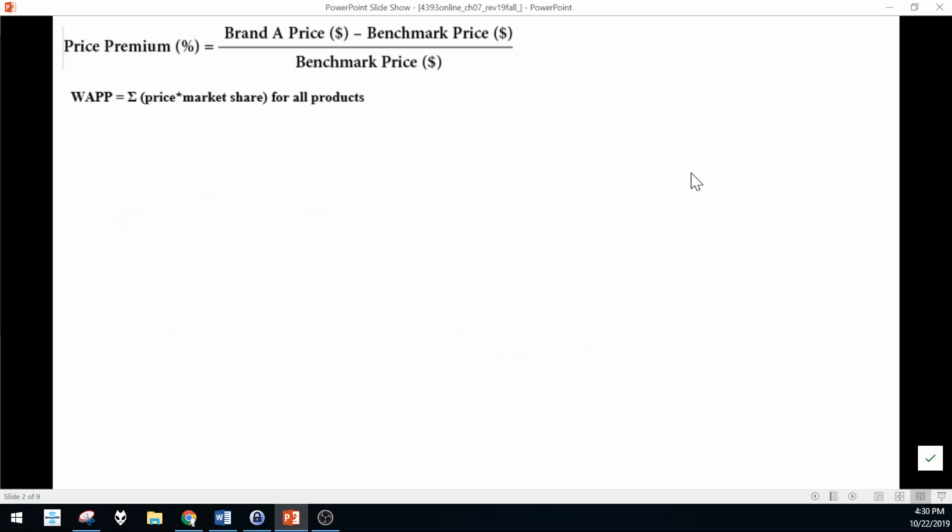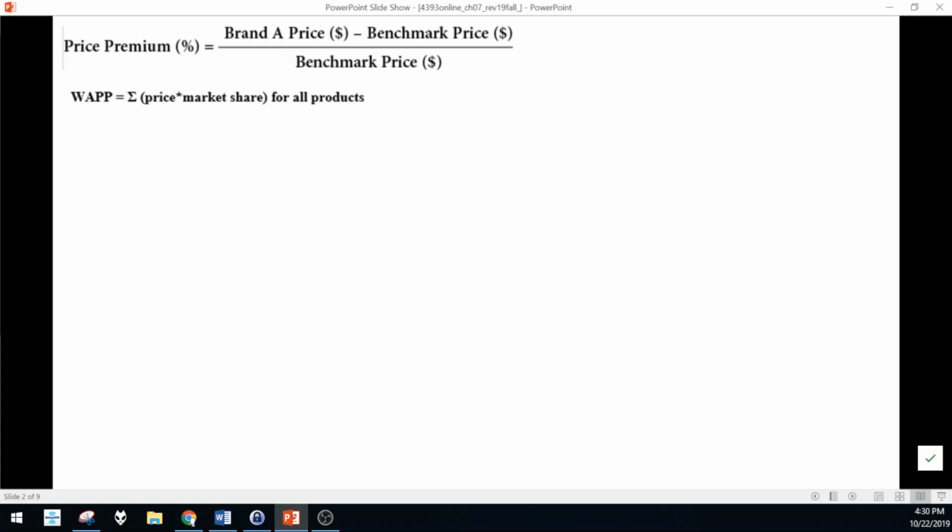So you see here the second formula, weighted average price paid. Basically what we're going to do is instead of comparing ourselves to one competitor, we're going to compare ourselves to a select group of competitors. Maybe it's all competitors, depending on the information you have available.